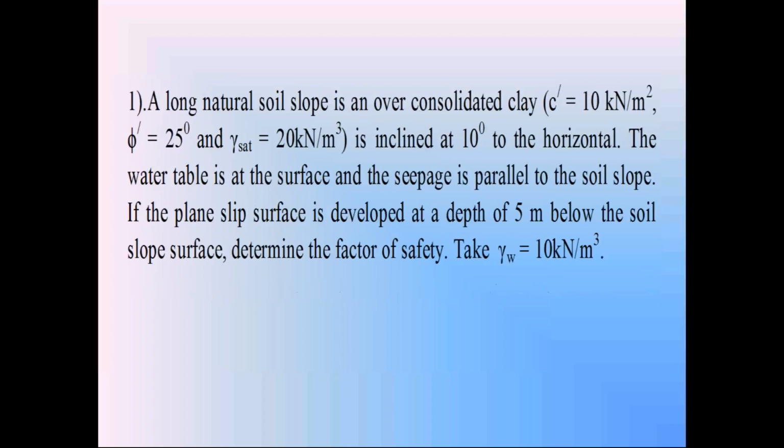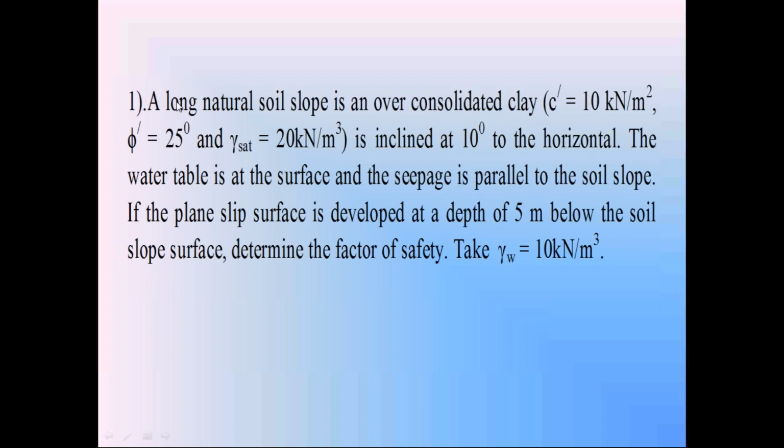Check that numerical problem once again. In the first problem, they gave a long natural soil slope. It is a clayey soil, so the slope is an infinite cohesive soil slope. A long natural soil slope is an over consolidated clay.